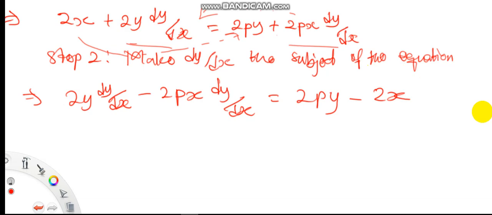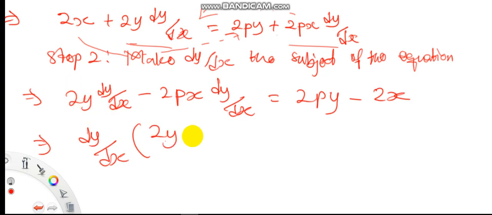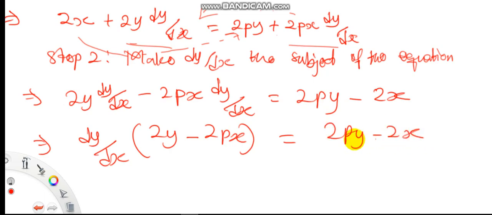Now organizing, let's factorize. We take dy/dx out, so here will remain 2y minus 2px. This will be equal to 2py minus 2x.